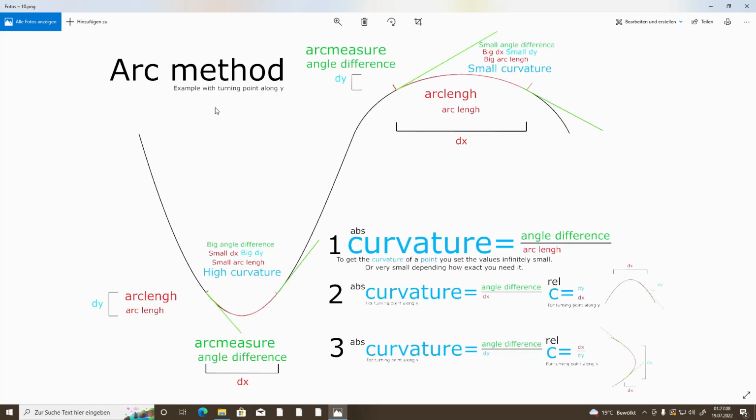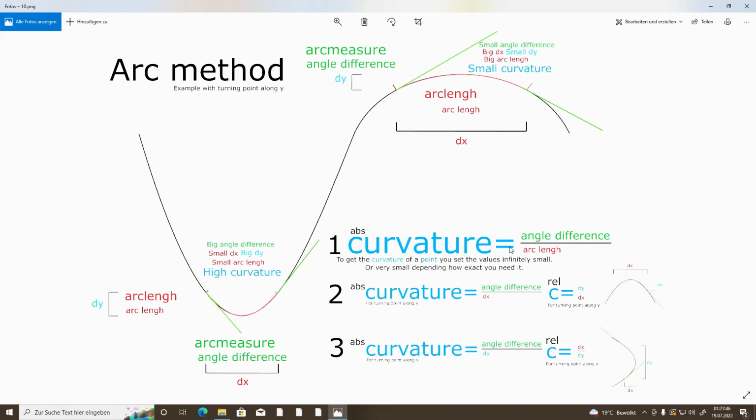So now we go to the arc method. It may be a little bit different than normally, but it may have a lot in common with the normal arc methods. It's having different sizes: the angle difference, the arc length, and the dy and the dx. You see. And yeah, we have there again a sharp arc, means high curvature.